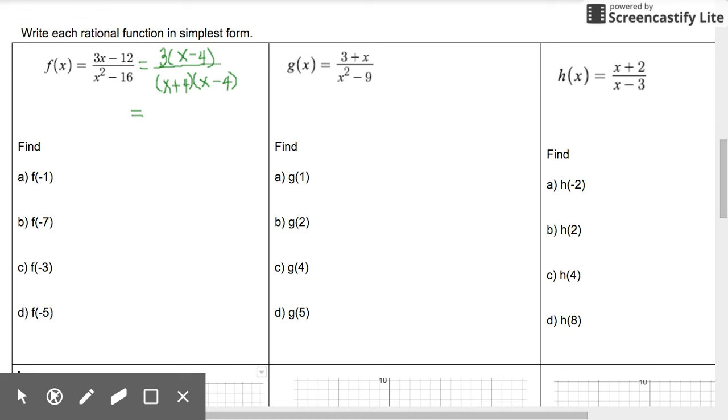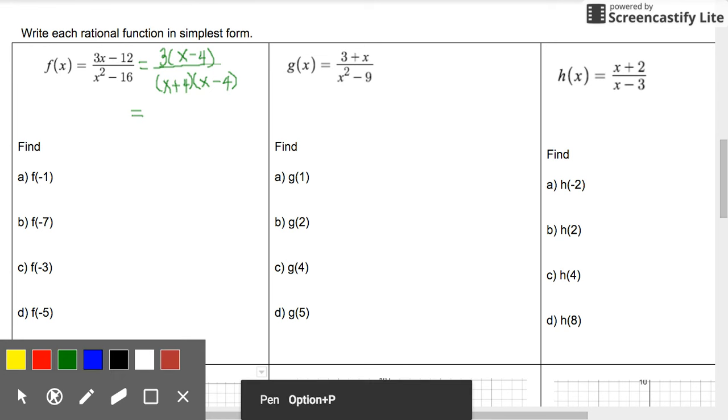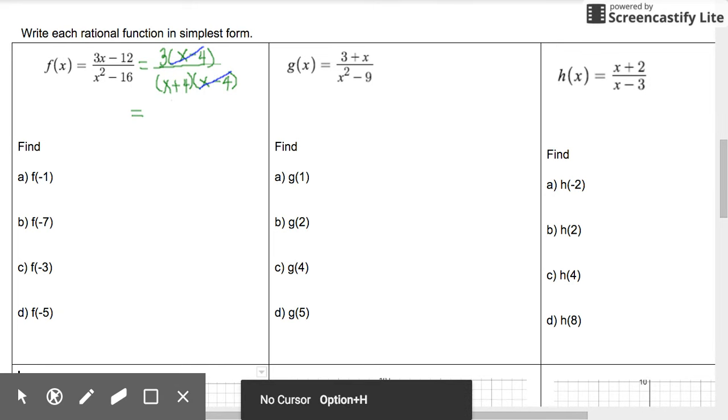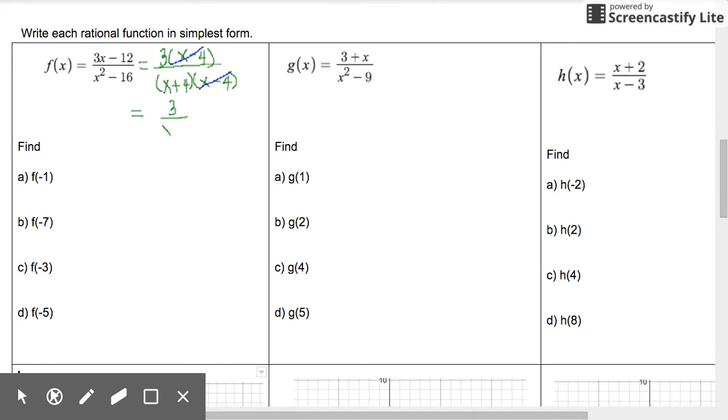We notice that both numerator and denominator have a common factor, x minus 4. And we know that x minus 4 divided by x minus 4 is equal to 1. That's why we can cancel them. And so we will end up with 3 over x plus 4.